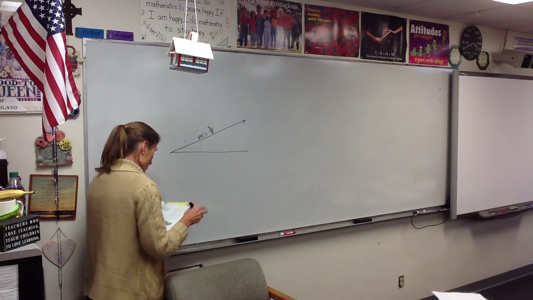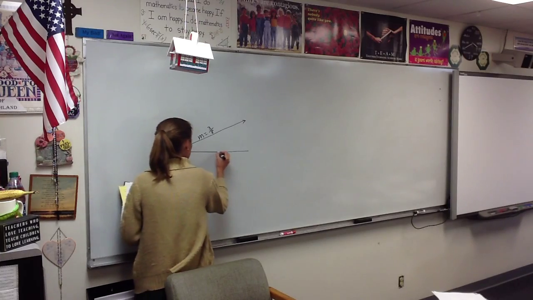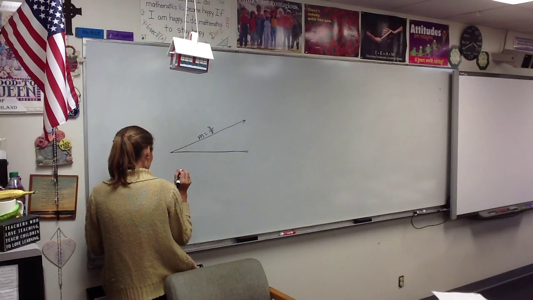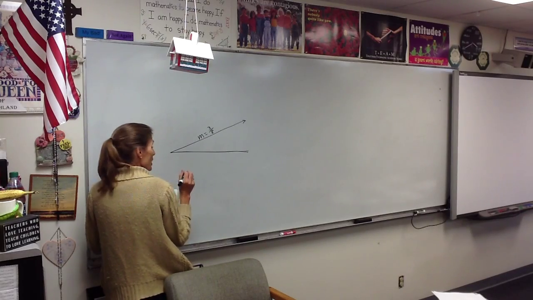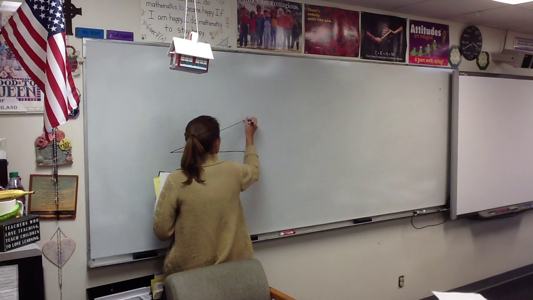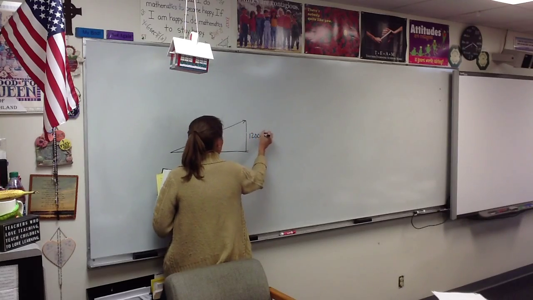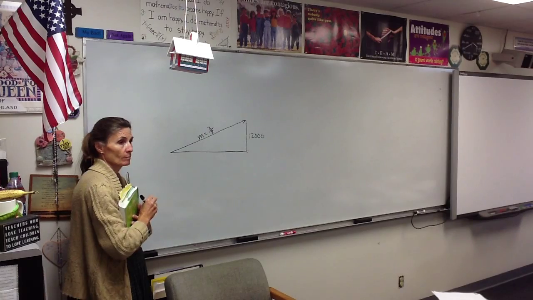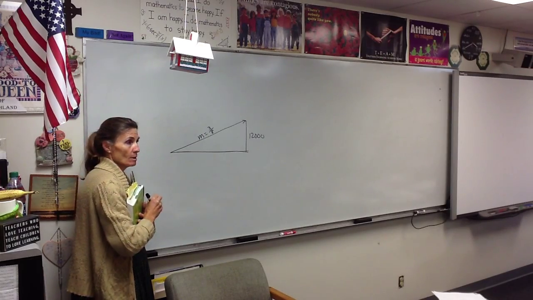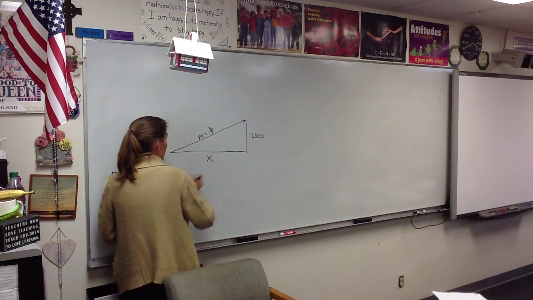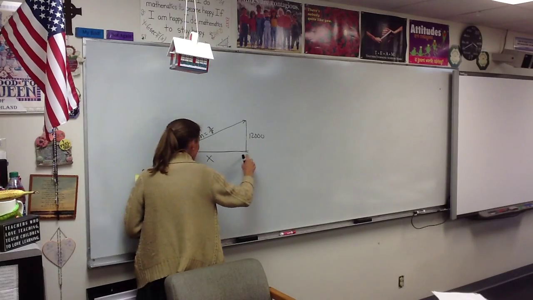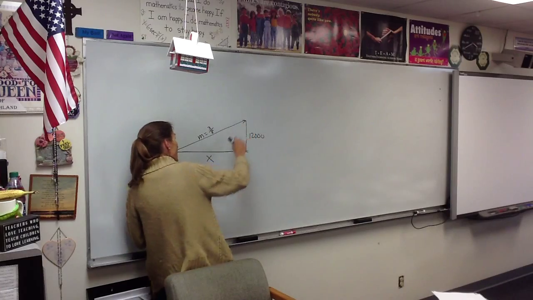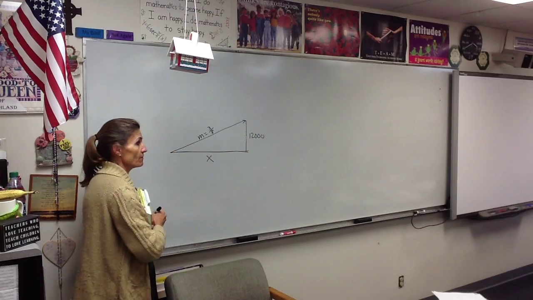How far in the horizontal direction will the airplane fly to reach an altitude of 12,000 feet?